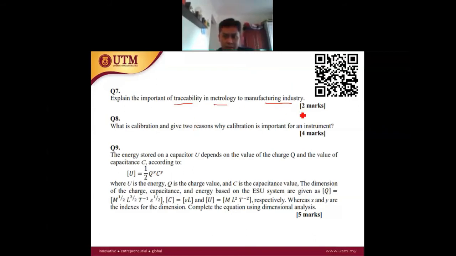It's 2 marks, so you can expect to give at least two importance or two benefits of traceability in metrology. If you recall what I have explained, at least to make sure the standard or the safety, we can say the accuracy.